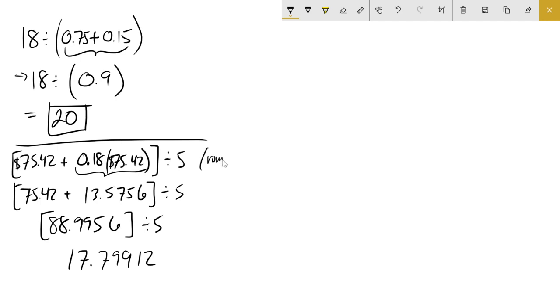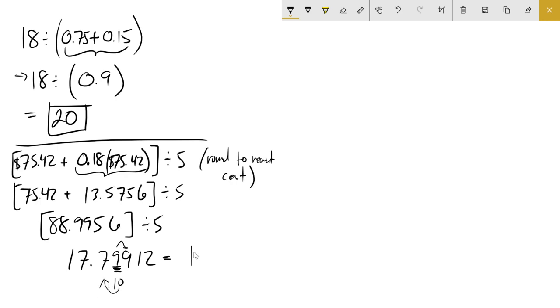Now, in this case, if you look at the problem, everything was in dollars. So if we were going to round to the nearest cent, where is the cents? Right there. What happens when you round to the nearest cent? I've got to round that 9, but what's going to happen to the next 9? It's going to round up to a 10, so it's going to carry over into the column in front of it.